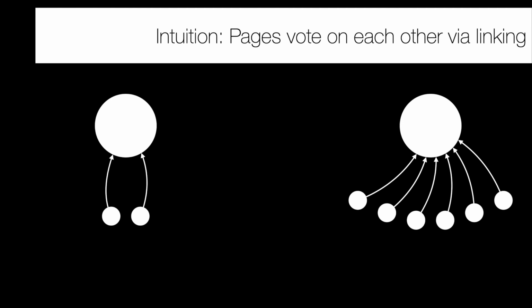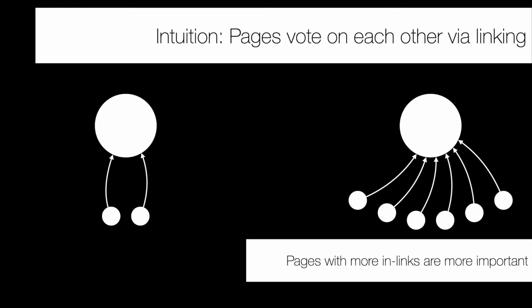You could imagine I create some personal web page. Nobody really knows who I am, so no one links to it. But Wikipedia has many pages that link to it. As a result, we'd assess that Wikipedia is more important than my personal website.